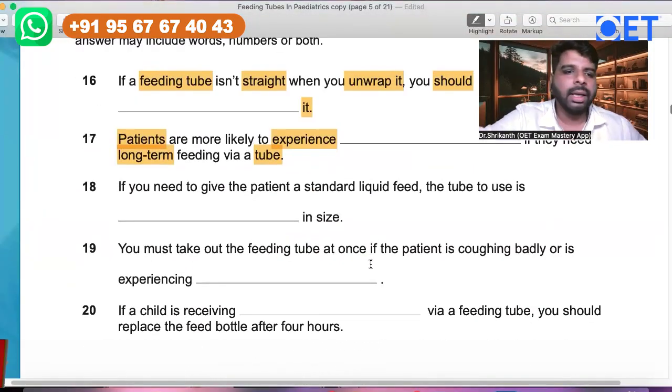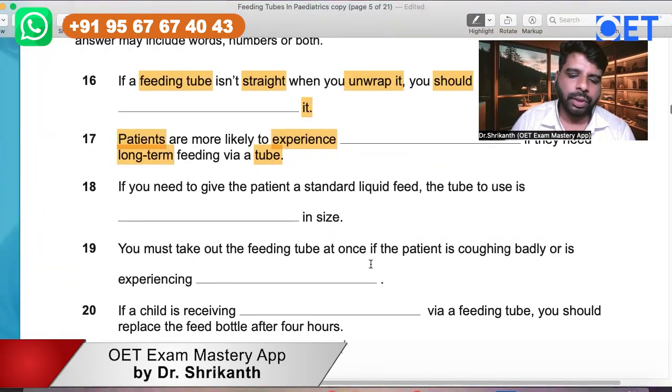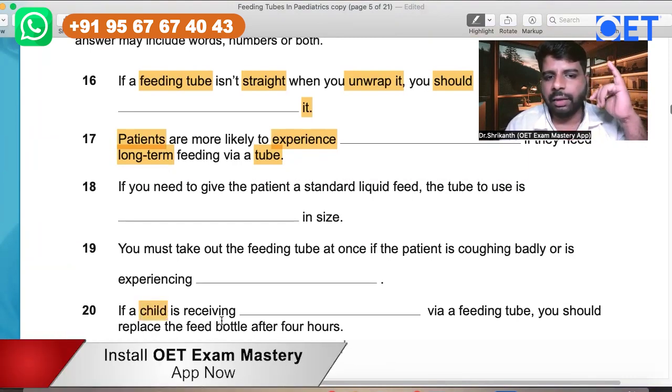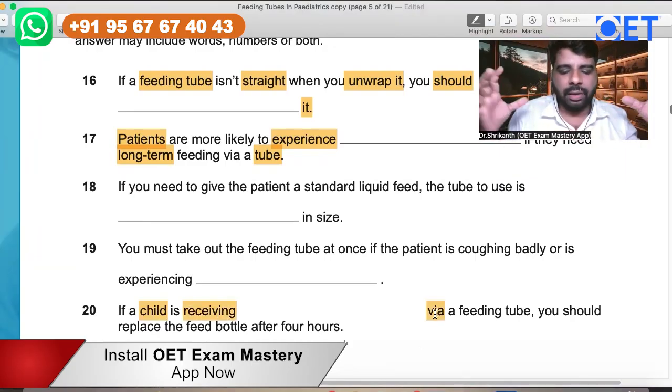Now let's do the 20th question. If a child is receiving dash via a feeding tube, you should replace the feed bottle after 4 hours. Here we have the first keyword, child. And what is the linking word? Linking words are the words that are closest to the missing information.